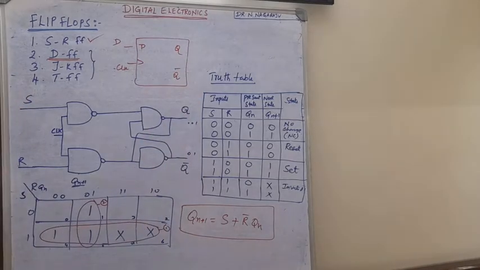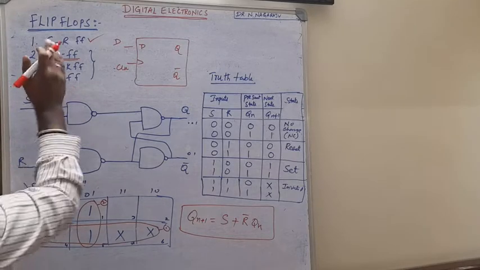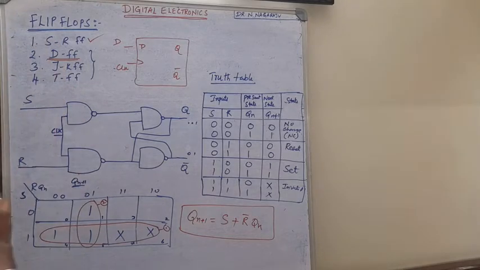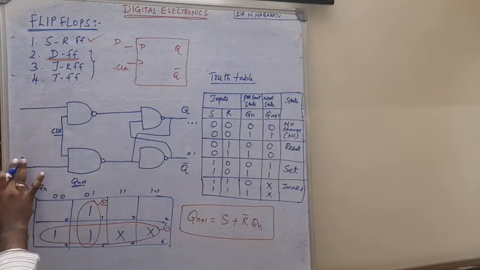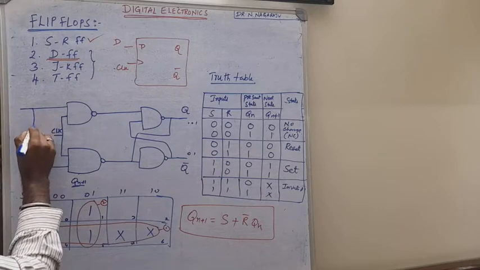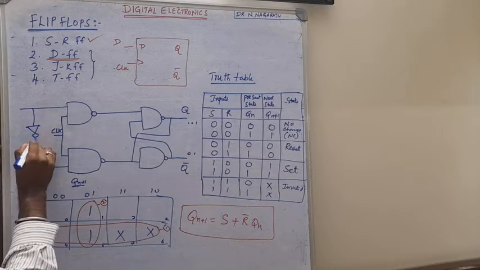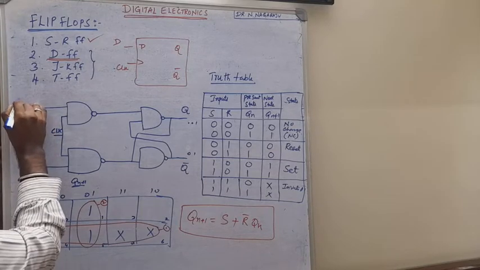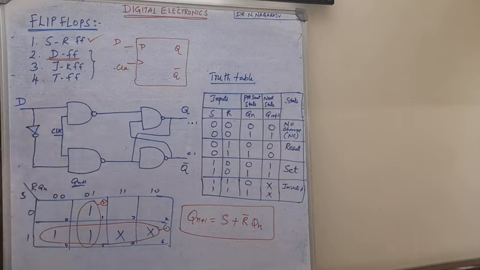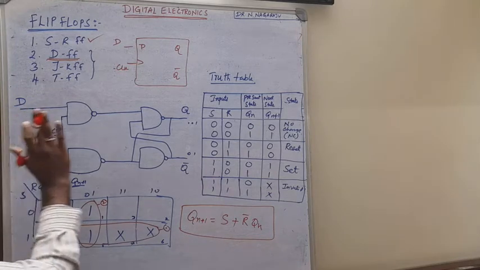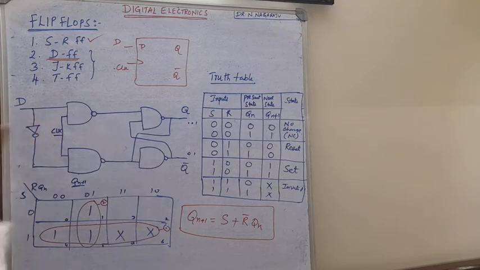Now I am going to modify this circuit for the D flip flop. I am going to use one NOT gate here. This is the NOT gate, and I take this as the D input. So this is the basic logic diagram for D flip flop.